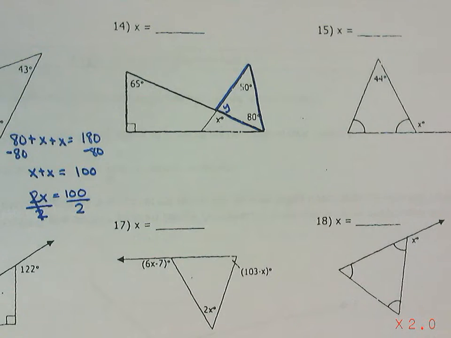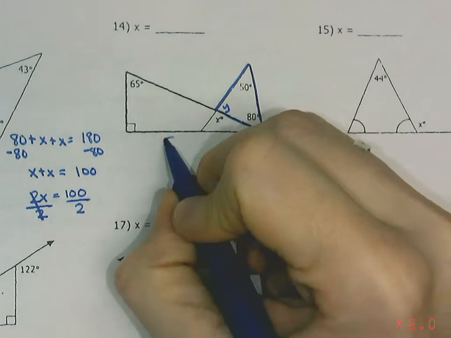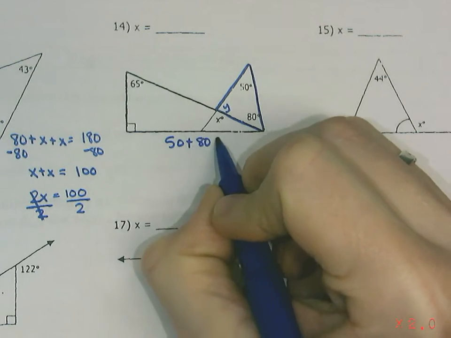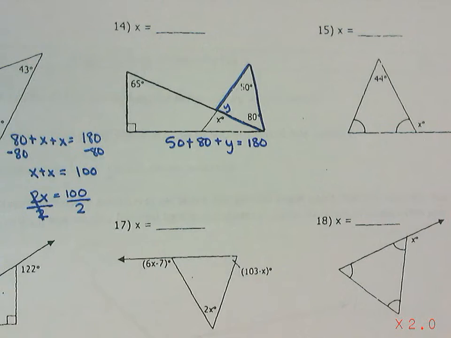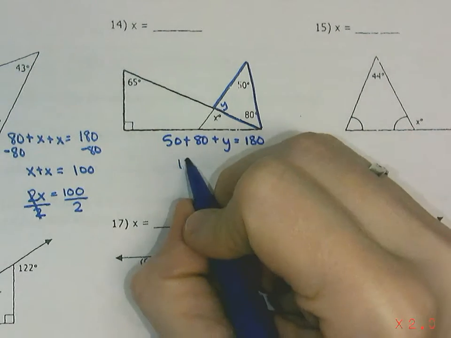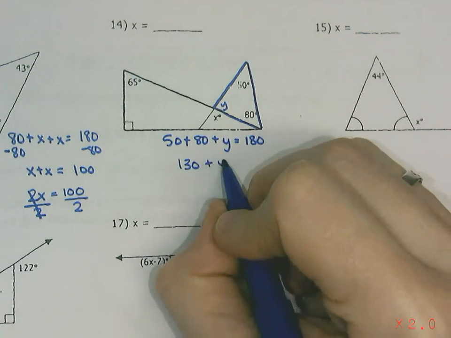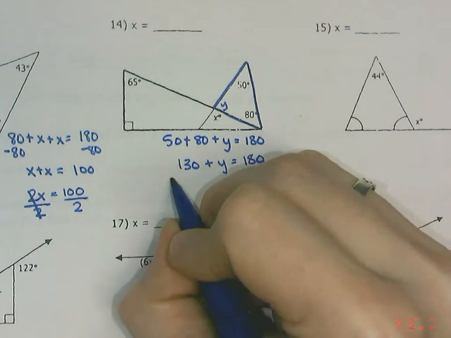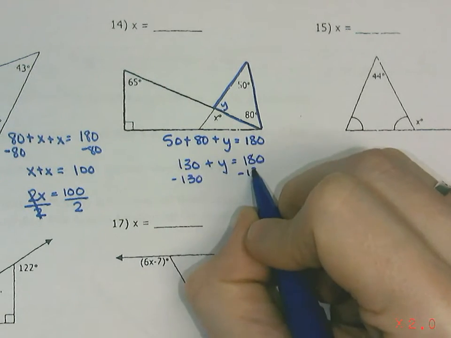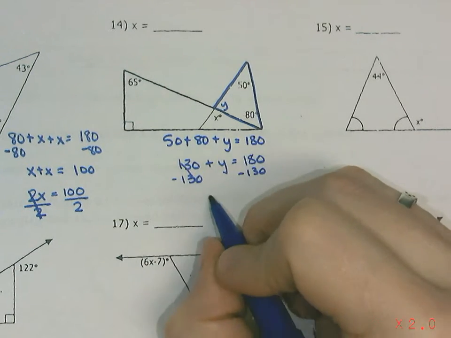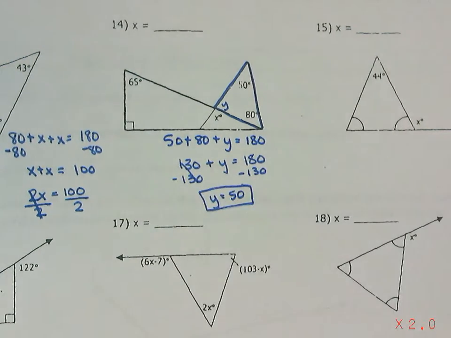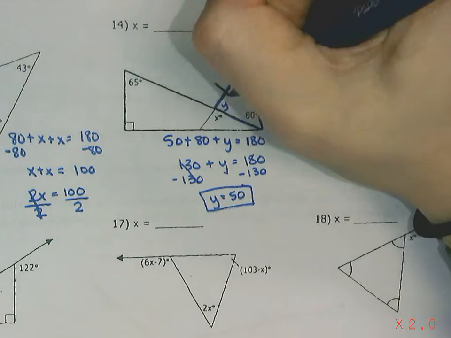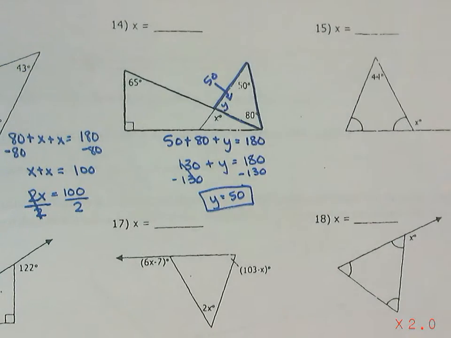So we can figure out what that angle is by adding together 50 plus 80 plus y equals 180. 50 plus 80 is 130. We subtract 130 from both sides, and that gives us y equals 50. Okay, so this angle right here, that's 50.